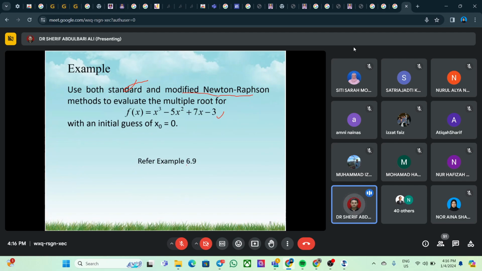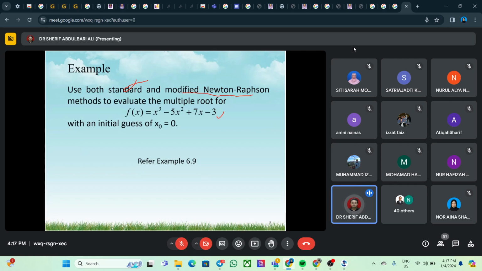Since we already learned about Newton-Raphson last week, I'm not going to do the example with you. I'm going to give you about 10 or 15 minutes just to try to get those values. Just solve it for the modified Newton-Raphson.